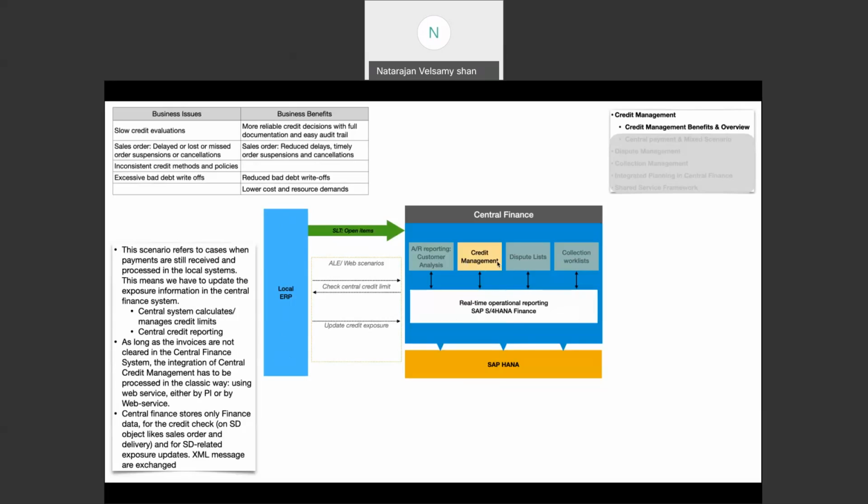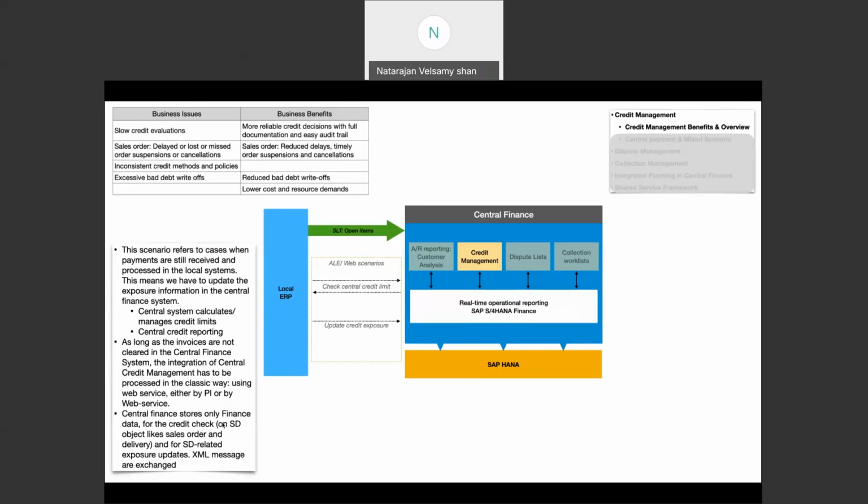In the central credit management system, we have credit reporting. As long as the invoices are not cleared in the central finance system, the integration of central credit management has to be processed in the classic way using web service, either by PI, process integration, or by web service.